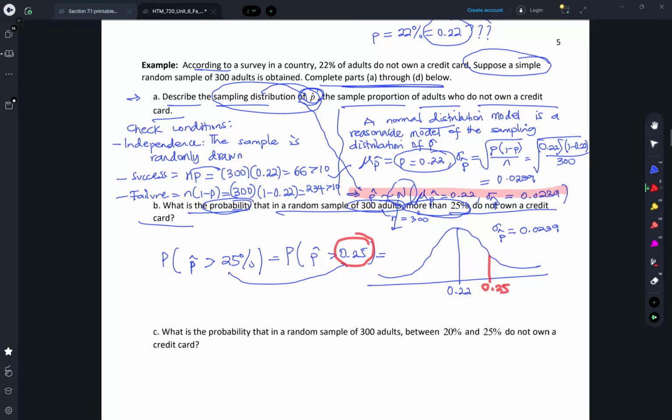We're interested in the area or the probability above 0.25. What is the size of this probability? That is our interest here. Using your normal probability calculator in StatCrunch, we will get this value to be equal to 0.1047. How? Let us see.